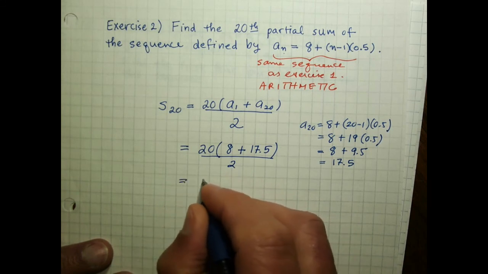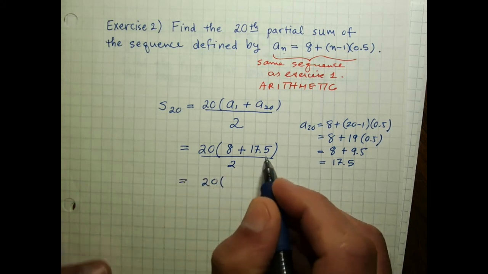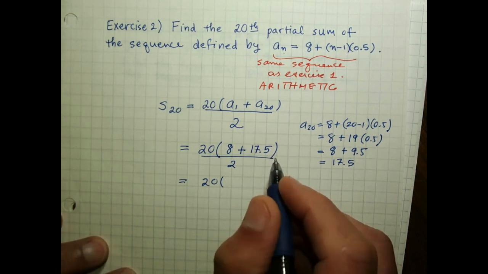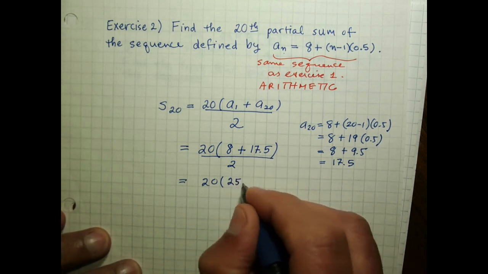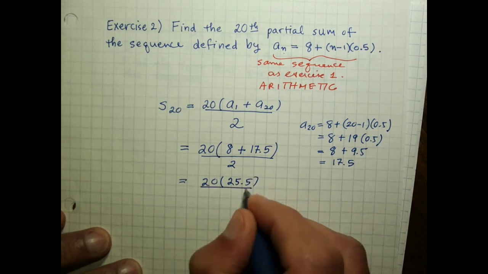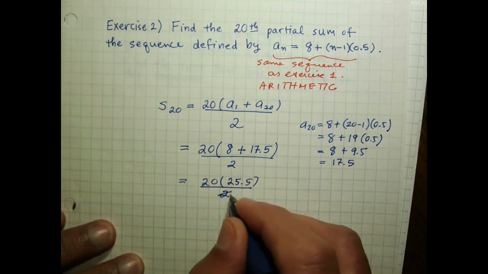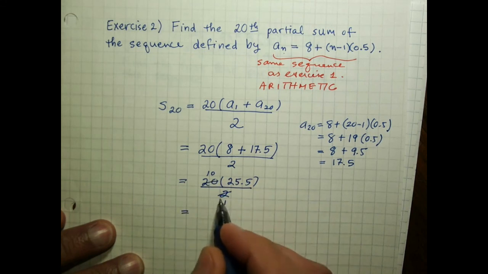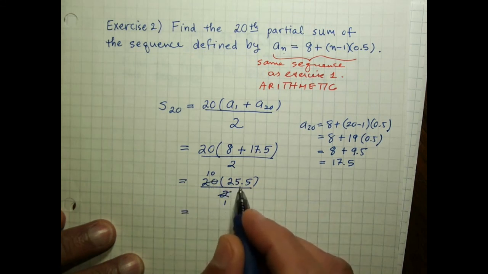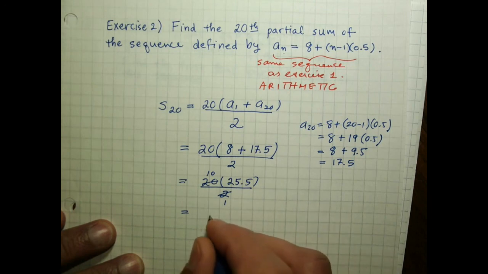So I have 20 times (8 plus 17.5). That's 25.5, divided by 2. Now when I cancel here, I only have to divide by 2 once because I'm multiplying, and I get 10 times 25.5, or 255.